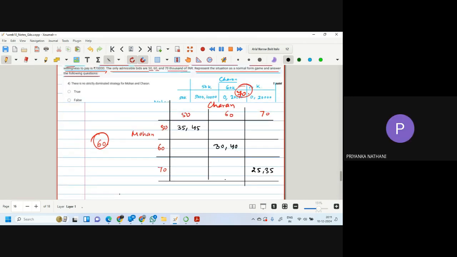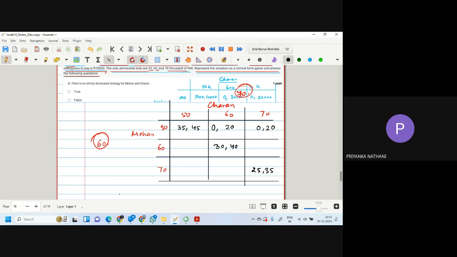Mohan bids 50, Charan bids 60, Charan wins. So Mohan's profit is zero. Charan has won, and he'll pay 50, so his benefit is 20. In this case also his benefit is 20.